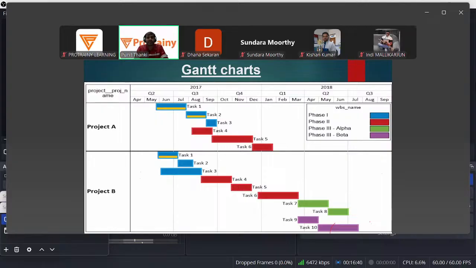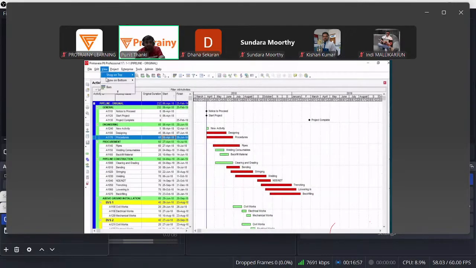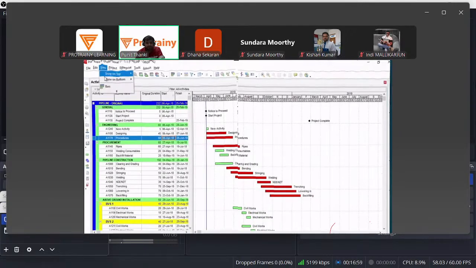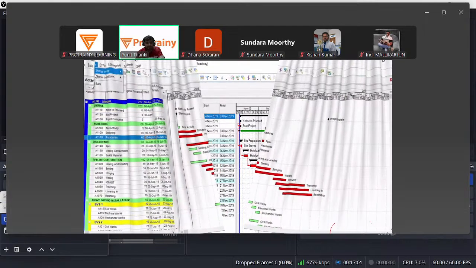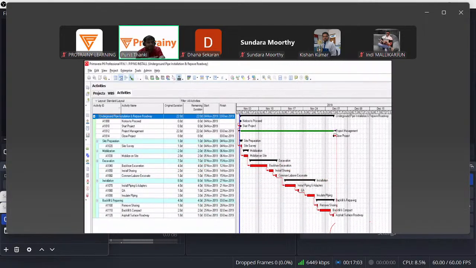He is in close contact with higher management, the corporate and upper hierarchy, the top organization people, so promotion and salary revision will definitely come. So see, this is the planning versus actual. Here, in the upper left, there are the project, WBS, and activities. This is the chart.